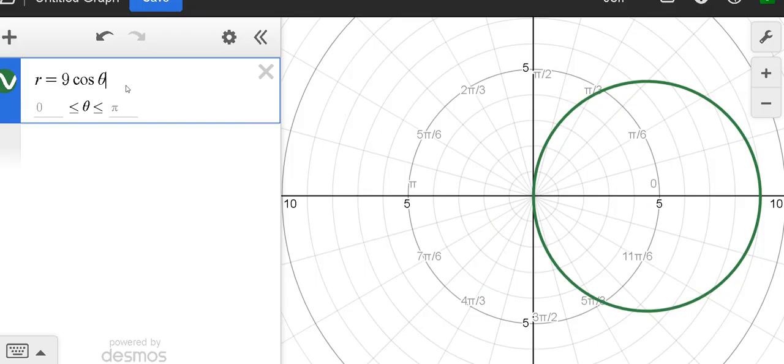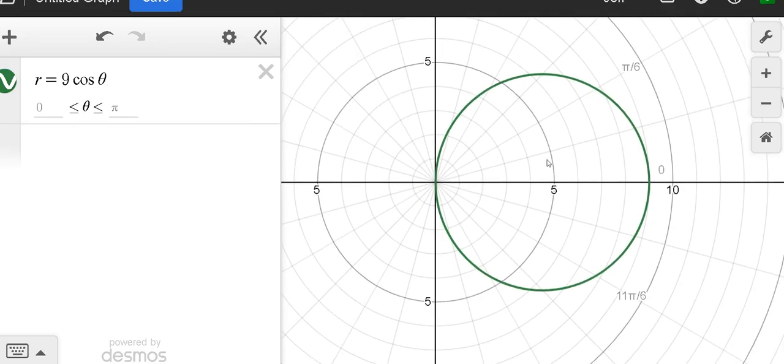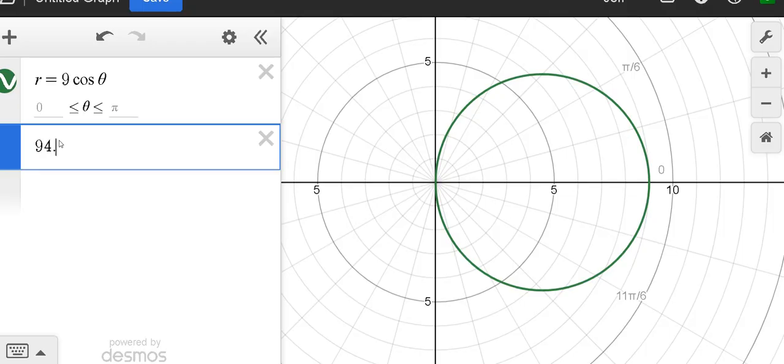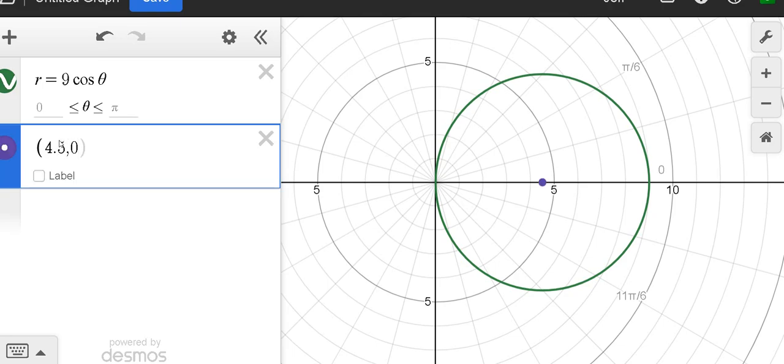But one of them would be just typing in theta. So there you go. Let's take a look here and see if that kind of matches what we expect. Let me plot the point 4.5 comma 0. Let's try that again. 4.5 comma 0. Yeah, that looks like it's about right in there in the middle. That's our center. Radius is that same distance from here to 0, 0.